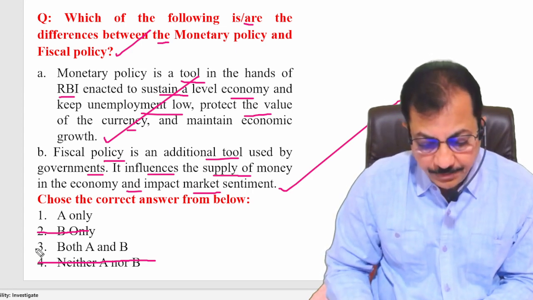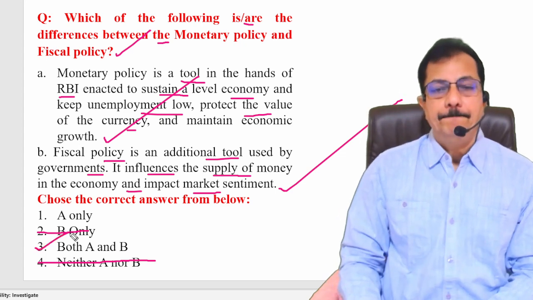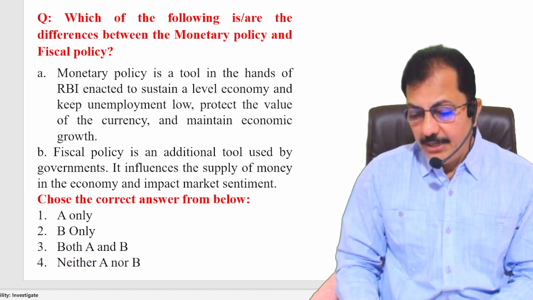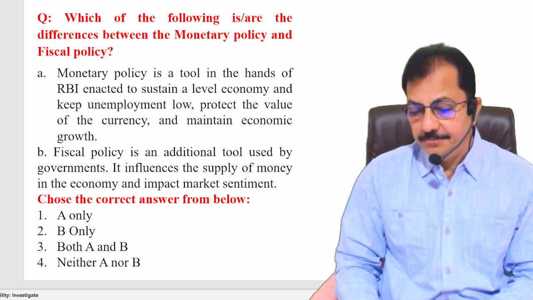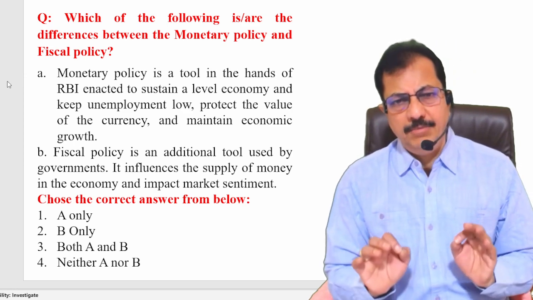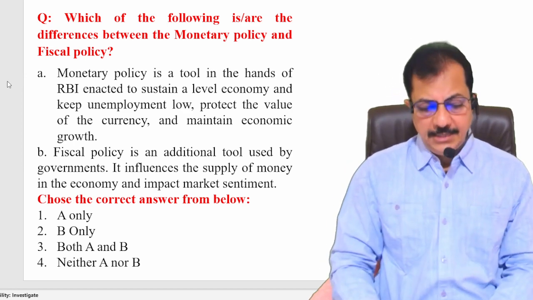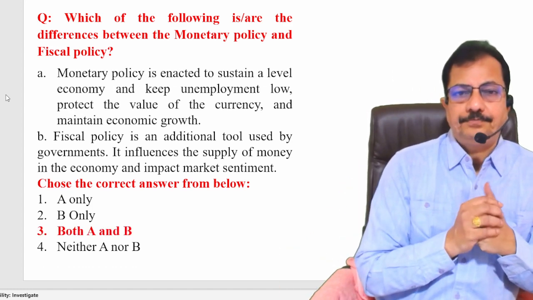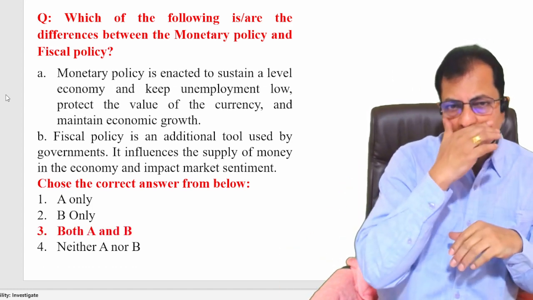Obviously our answer should be option 3. That is the reason why you have to read every point in the question. Don't leave any word. Every word is important in the examination. That's it. Clear? Got it?